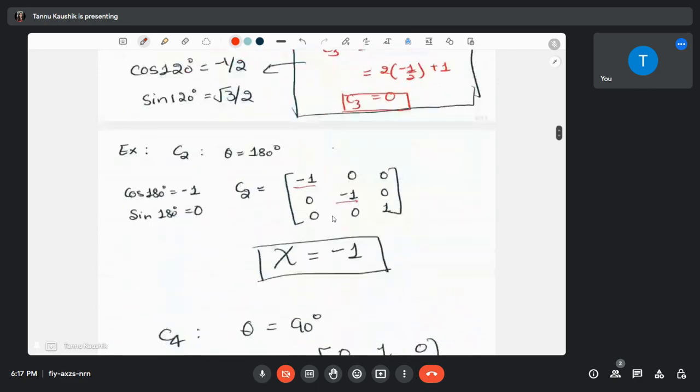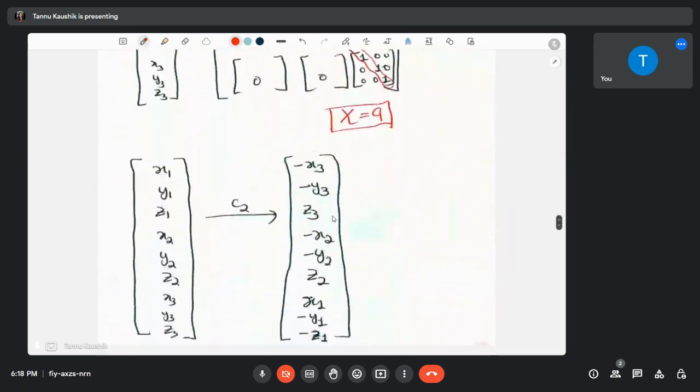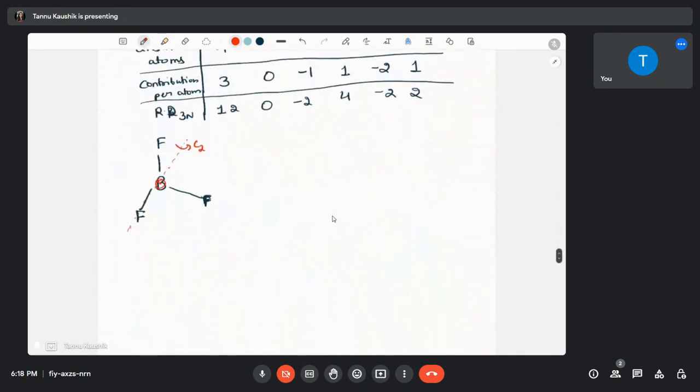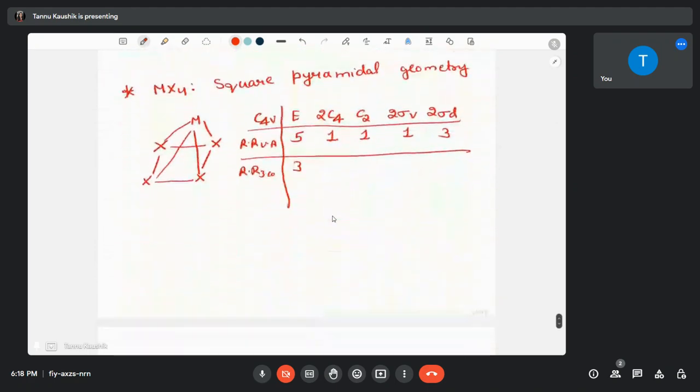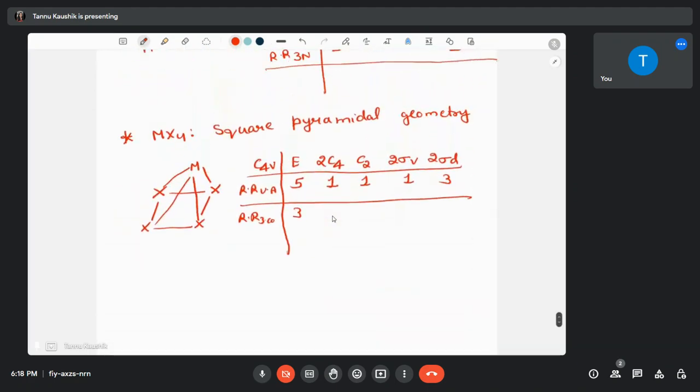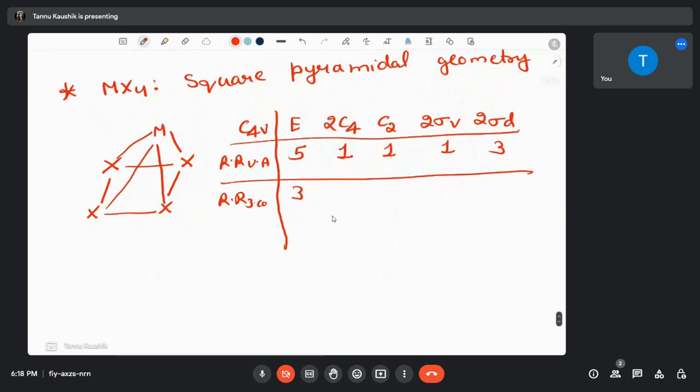For C4 it is 1, C2 is -1, and for any kind of sigma it is 1. So reducible representation for 3n will be 15, 1, -1, 1, 3.